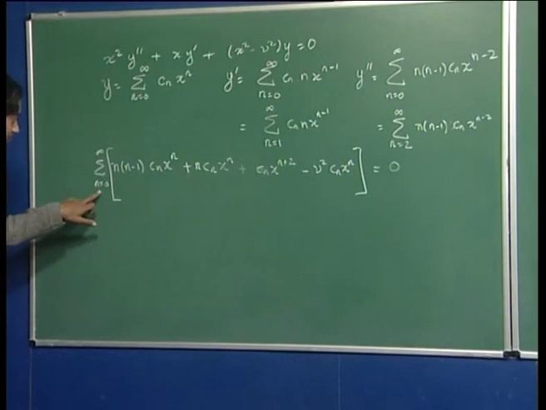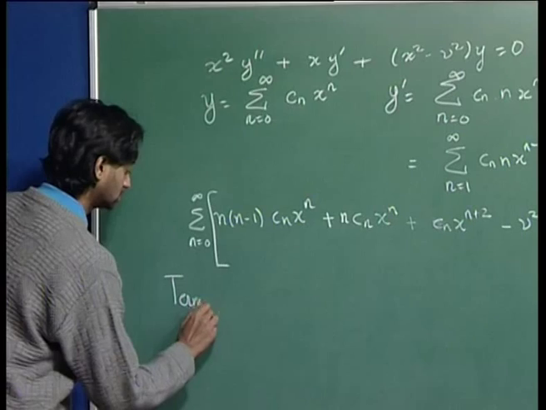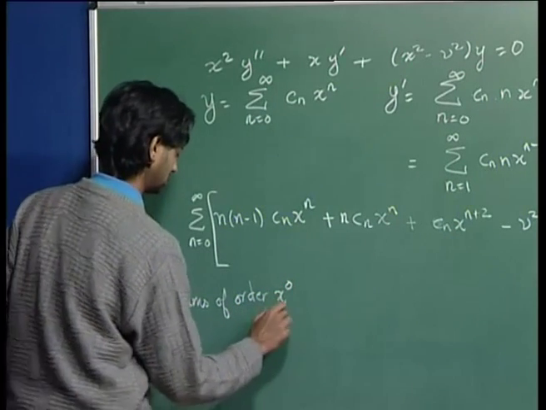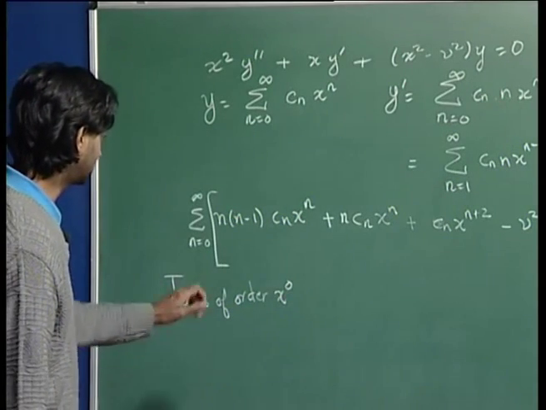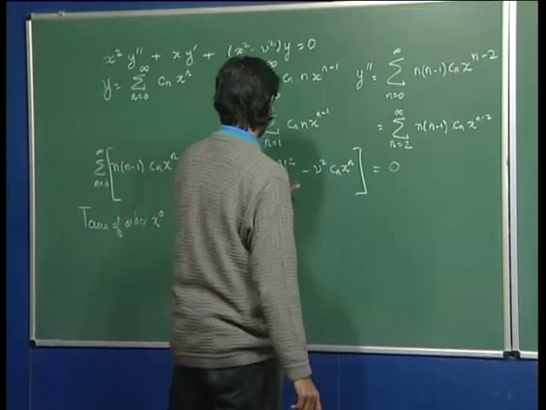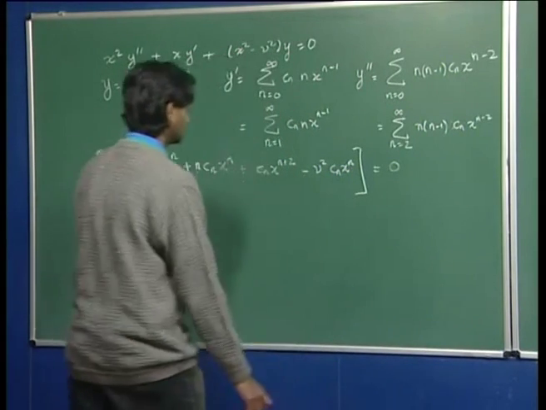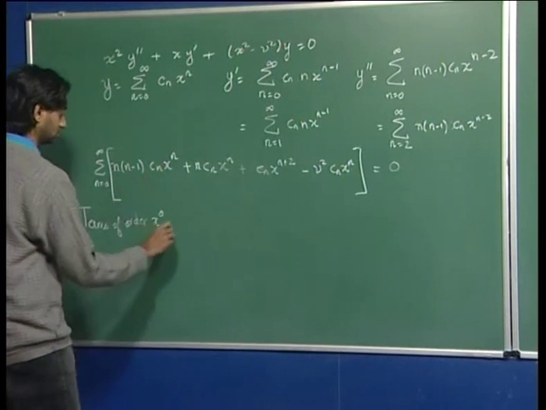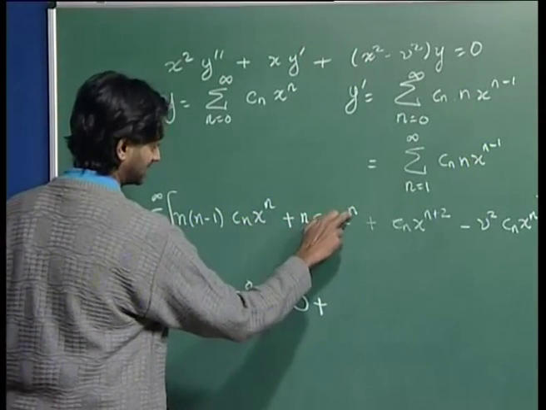Now, let us look at terms of order x raised to 0. If you look at the term of order x raised to 0, in the first term n has to be 0, in the second n has to be 0, here there is no term of x power 0, and here there is one term of x power 0. So, if you write that, you will get 0 plus, from this again with n equal to 0, you get 0.